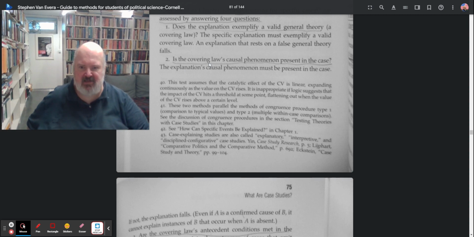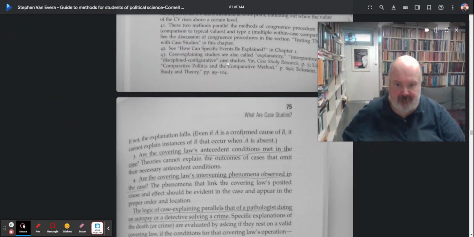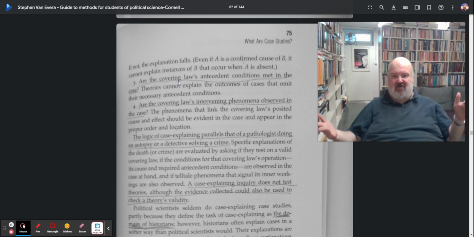2, is the covering law's causal phenomena present in the case? Again, is the phenomenon that causes it present in the case? The explanation's causal phenomena must be present in the case. If not, the explanation fails.